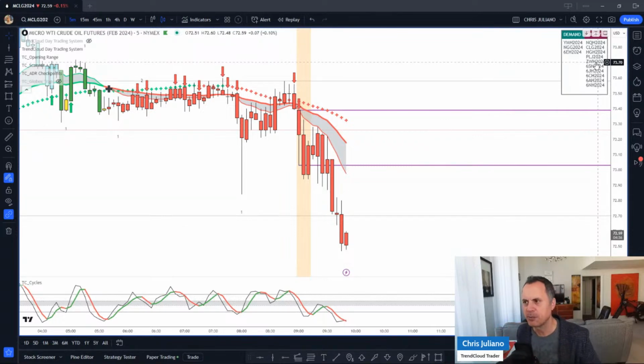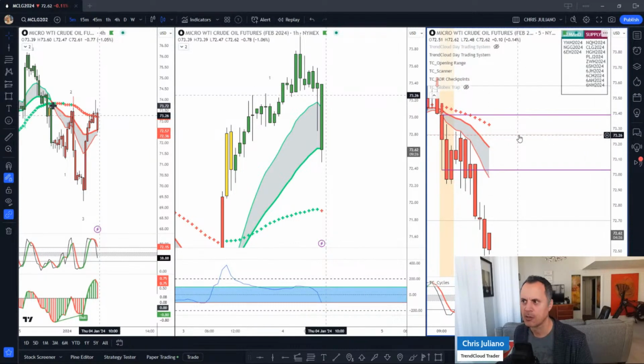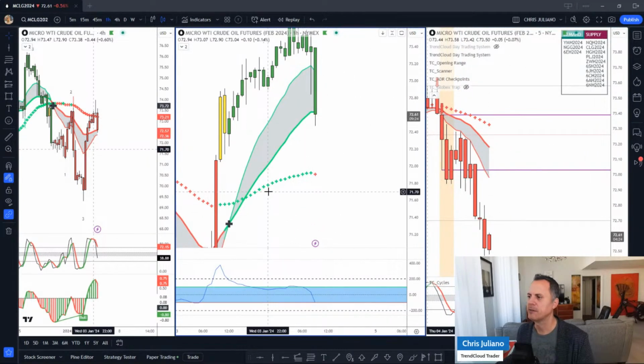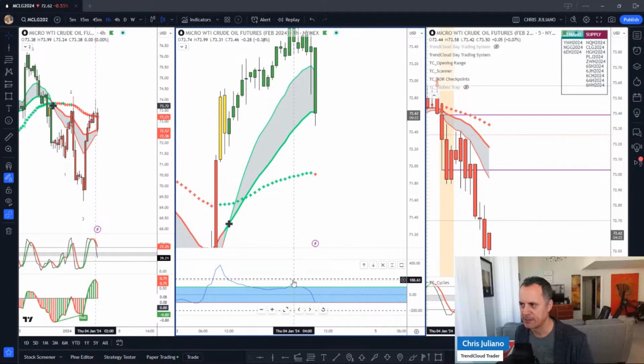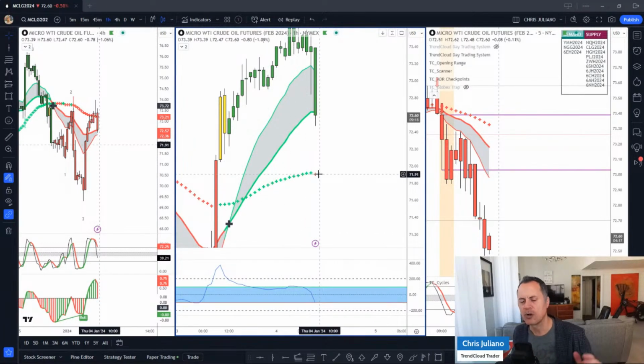And that's what a trade plan is, okay? So what we're doing is we're stacking the scanner on top of the opening range, on top of the momentum, which is also the trend across multiple time frames. You stack this stuff on top of each other.